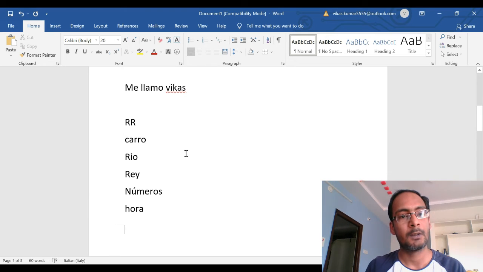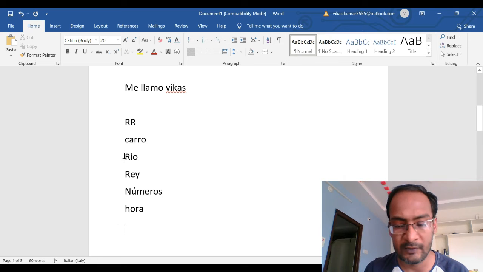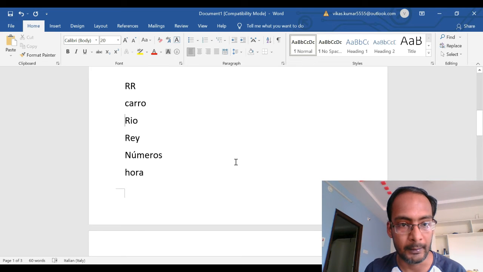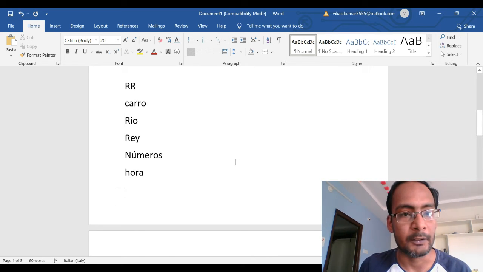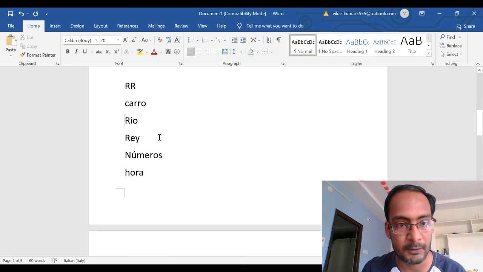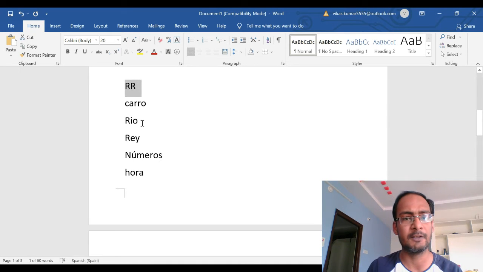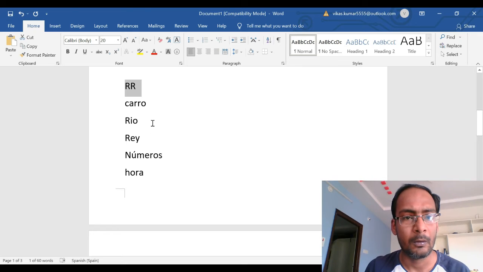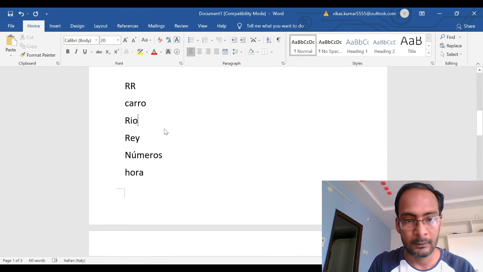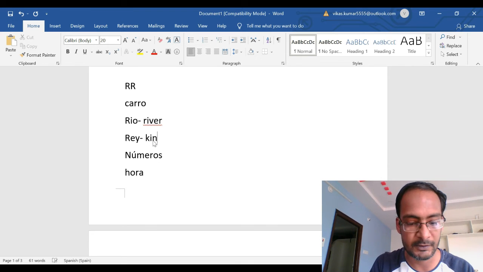Okay guys, there's one very important thing that you need to keep in mind while using the consonant R in Spanish words. Whenever a word in Spanish starts with R, it will almost have a sound similar to double R. For example, this word is Rio. Rio means river, and Rey means king.